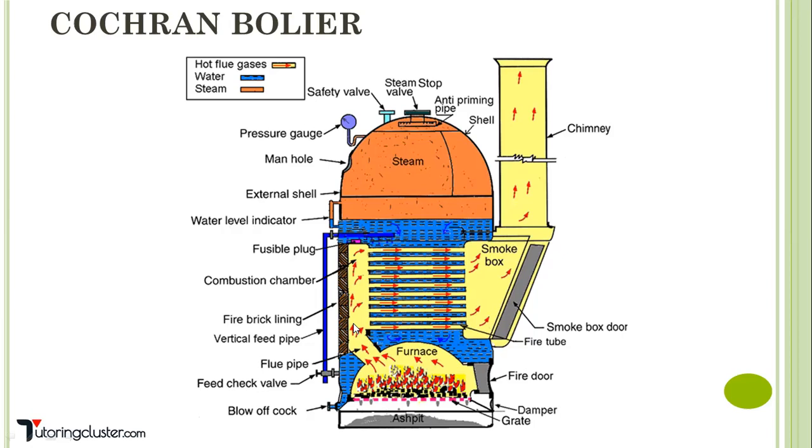So this is totally an exam point of view video. I'm not talking in detail about how the Cochrane boiler is constructed and all those things. If you are really interested, you can find that on the internet. So these are all the things you should know about the boilers. Now the last point you should know is the difference between water tube boiler and fire tube boiler.